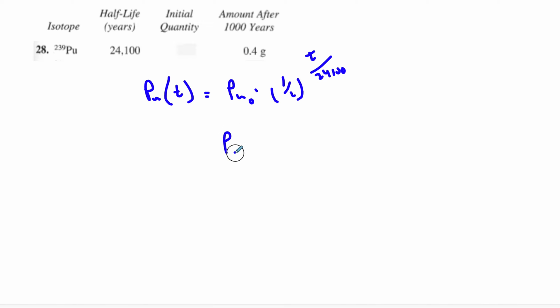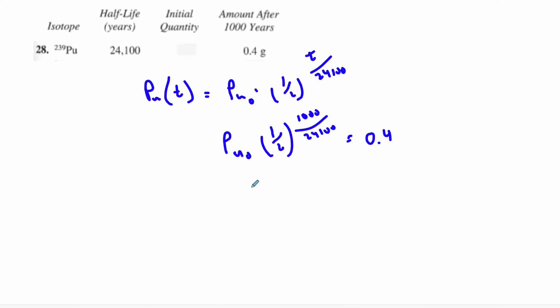We know that after 1,000 years, we've got 0.4 grams. This whole mess, 0.5 to the 1,000 divided by 24,100, is a number.